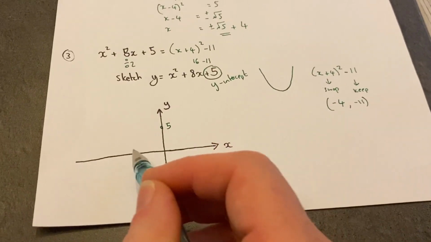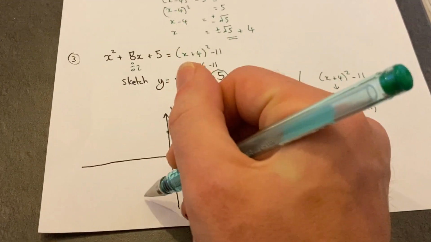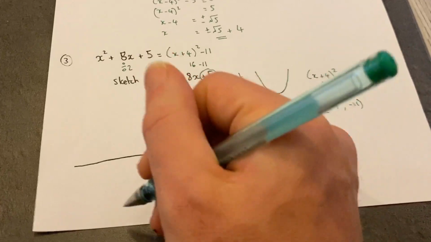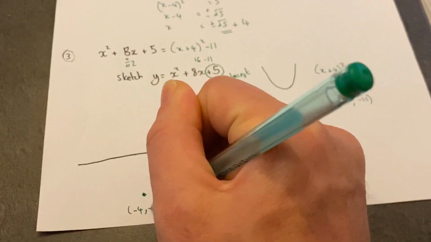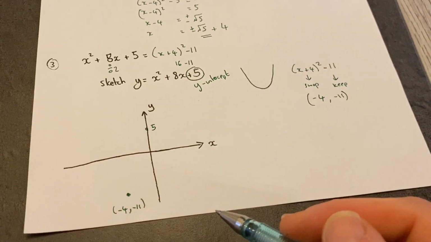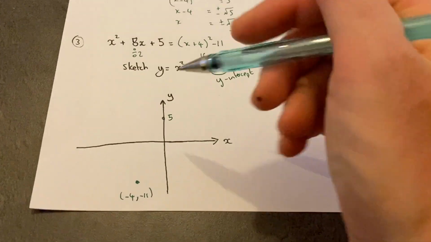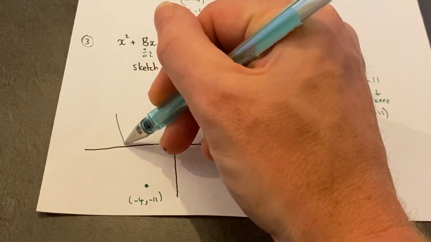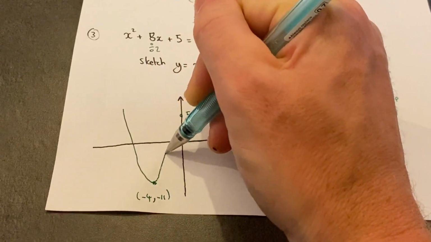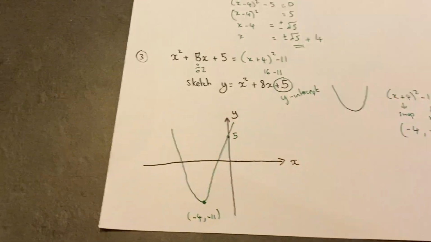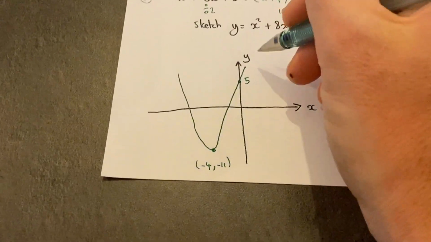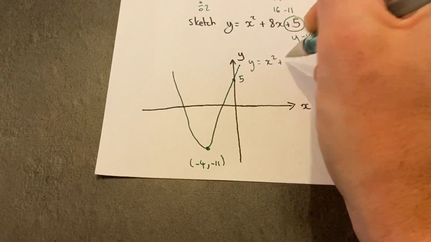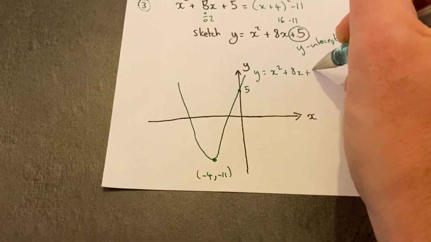So if I go -4 and down 11, it's only a sketch, then that coordinate -4, -11 is actually the bottom of the graph. So it must come down to there, then back up again. So the sketch looks something like this. It's only a sketch, but this is the sketch of y equals x squared plus 8x plus 5.